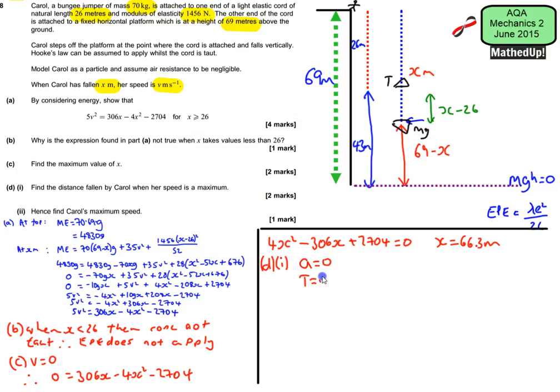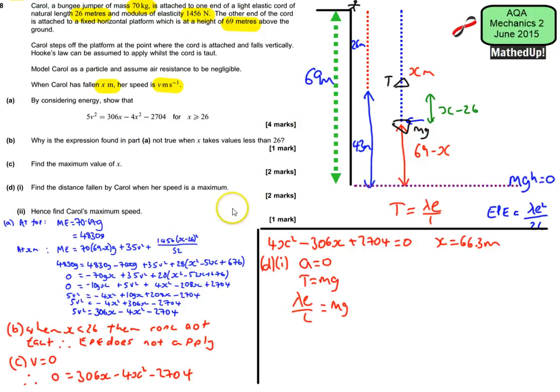Now T is the tension in the rope, which by Hooke's law is lambda e over L: my modulus of elasticity times the extension divided by the natural length. So lambda e over L is equal to mg, and we can plug in our values now.